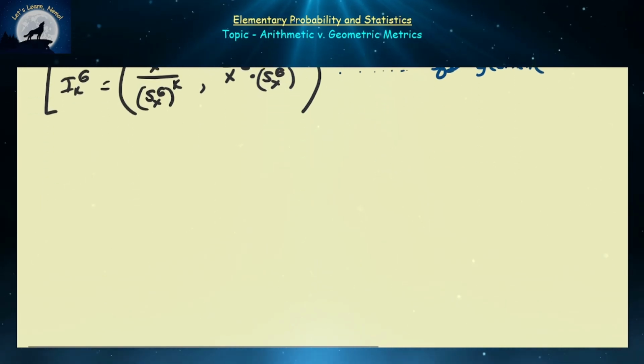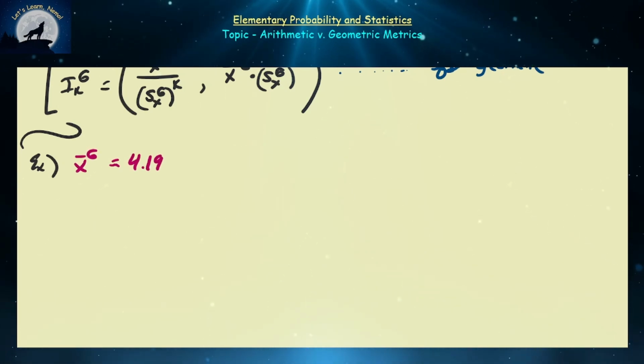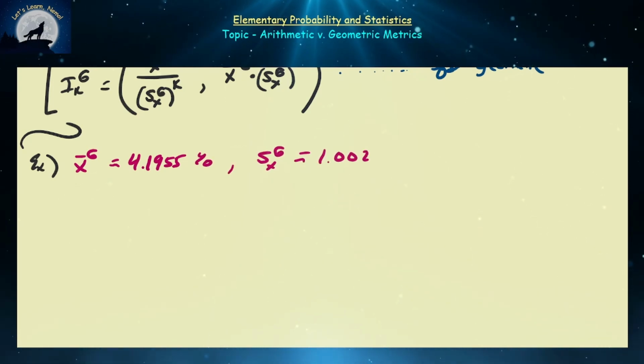So if we use the numbers from our example, recall some of those numbers. Our geometric mean was approximately equal to 4.1955%, and our geometric standard deviation was approximately equal to 1.0023. And keep in mind there's no unit on that particular object.